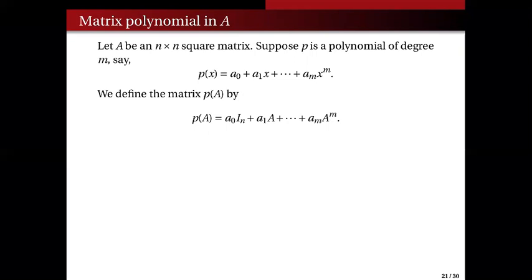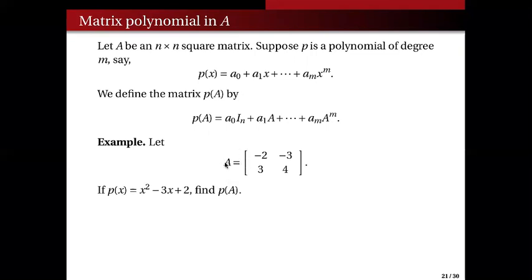To understand this better, suppose you have this matrix A, negative 2, negative 3, 3, 4. That's the same matrix that we have in the previous slide. And suppose our polynomial is p of x equals x squared minus 3x plus 2.